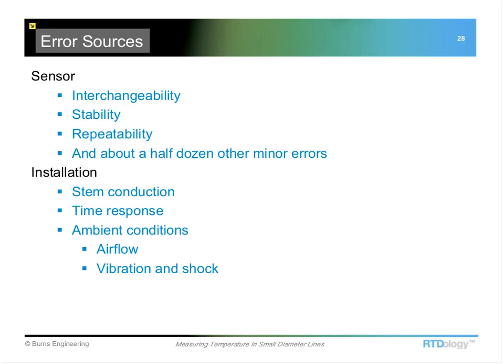Again, stem conduction is the biggest source. Time response can be a big one. Ambient conditions too: we've had situations where we had a proper sensor in the piping and it was reading correctly, and then all of a sudden it was reading too low.